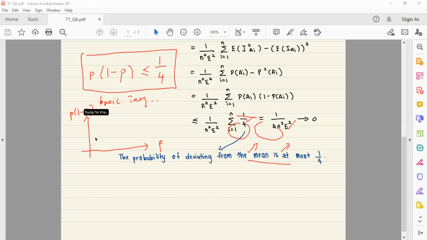Okay, how does it look like? If you graph your function here against P, how would it look like? What do you notice about this function?